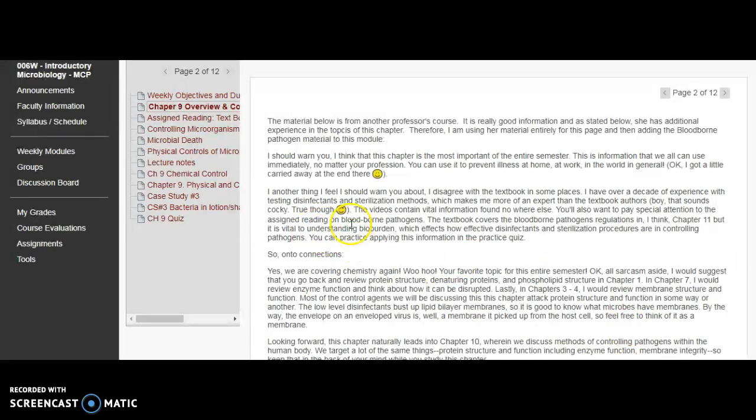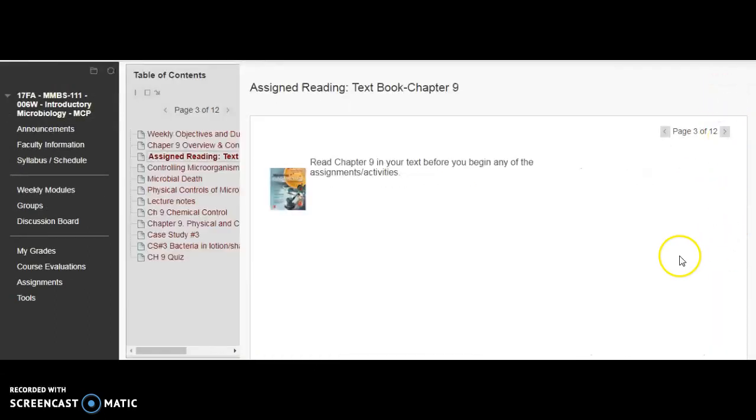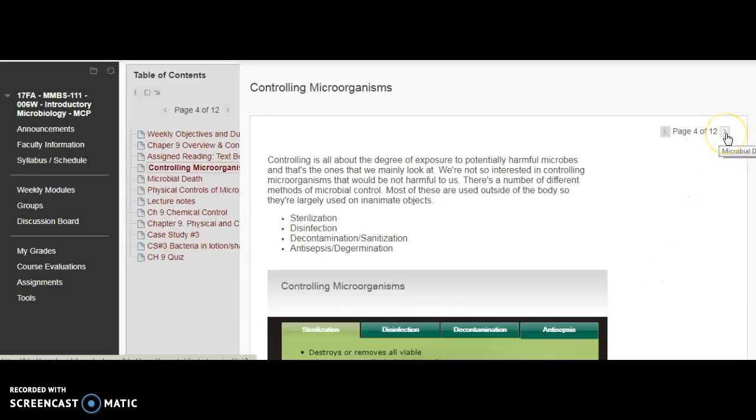So, reading on blood-borne pathogens right here, I pulled that page out of Blackboard in case you were looking through this week, either first thing this morning or yesterday. All right, so there's your reading for this week, Chapter 9. And I'm sorry, my voice is just going crazy right now.